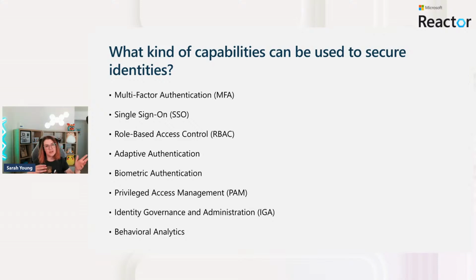Single sign-on is designed to try and reduce the friction. It allows you access to multiple applications and systems with just a single set of credentials. And when I say credentials, I mean your username and password and other ways of identifying who you are. The reason we do this is to improve user experience, and it reduces the risk of managing multiple passwords.